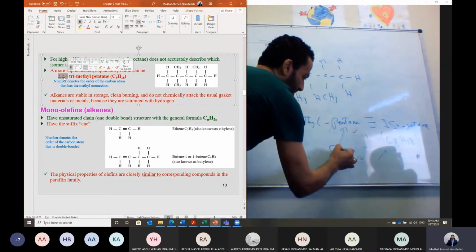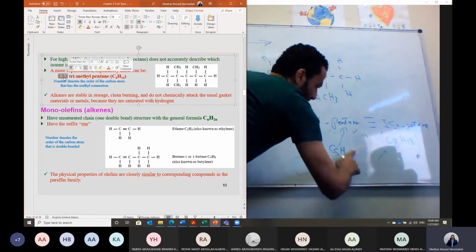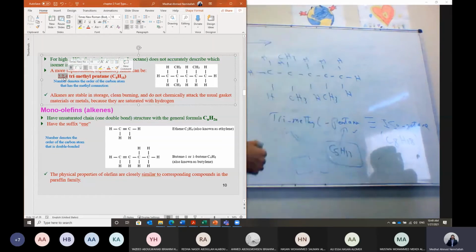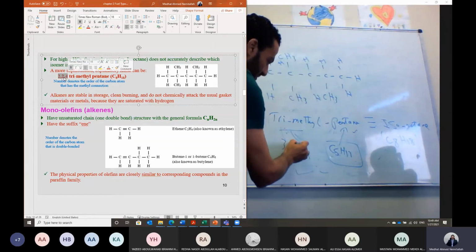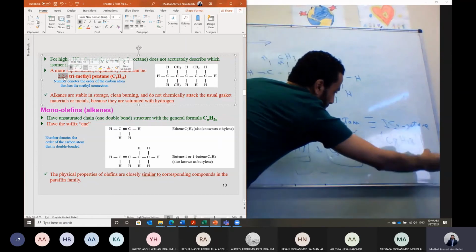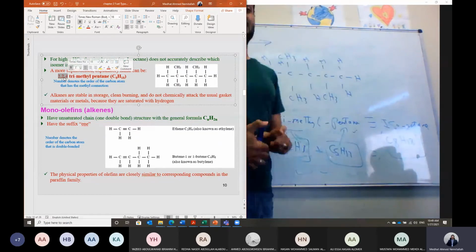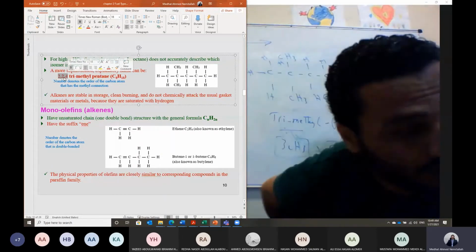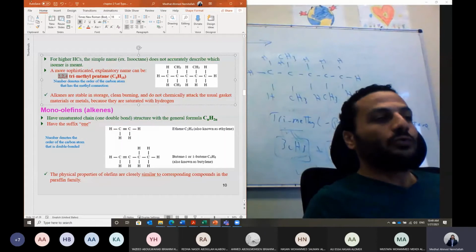Pentane is C5H12. If we add C5H12 plus 3 CH3, this one plus this one will equal this one.